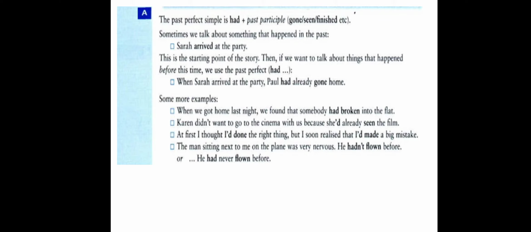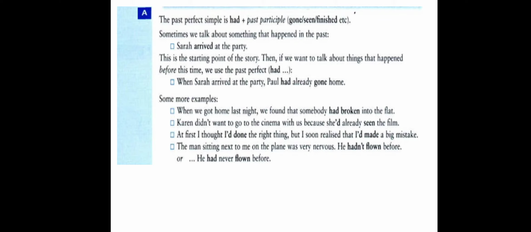The next one: the man sitting next to me on the plane was very nervous. Here the verb was in the past. Why was he very nervous? He hadn't flown before. He had never flown before.